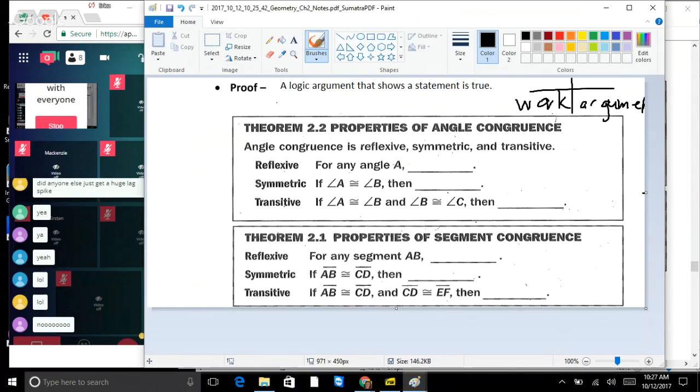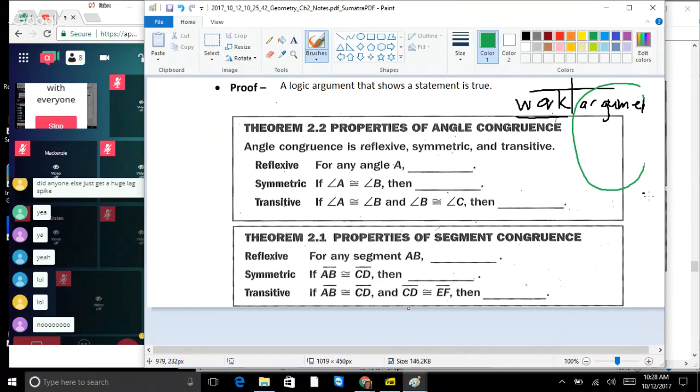Okay. The other thing that we're going to talk about is a theorem. So we kind of had an introduction to this, and you have your paper there, and we have our first two theorems here. So the reasons used in the proof can include, so when you have your work over here, this is just what you standardly do when you're solving a problem, you do the work. When you have your arguments over here, the things that you can use to prove that your proof is true include definitions, right?